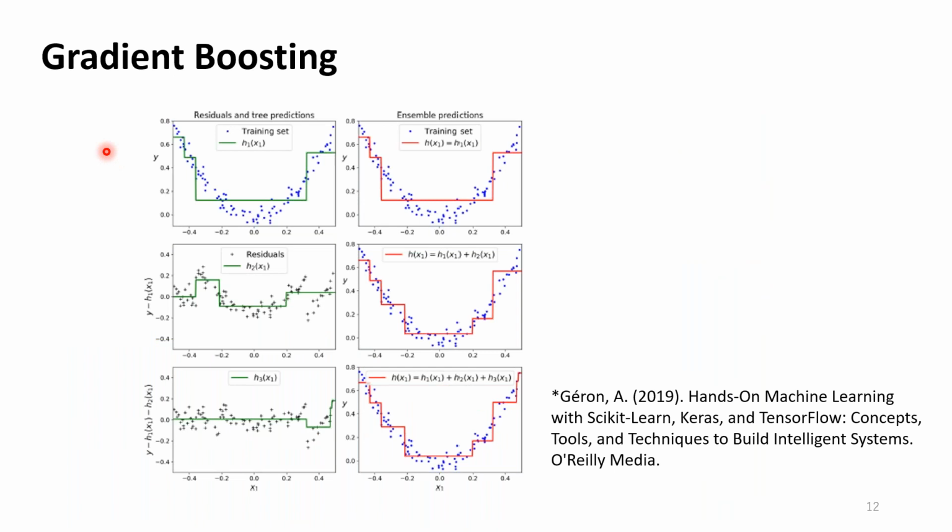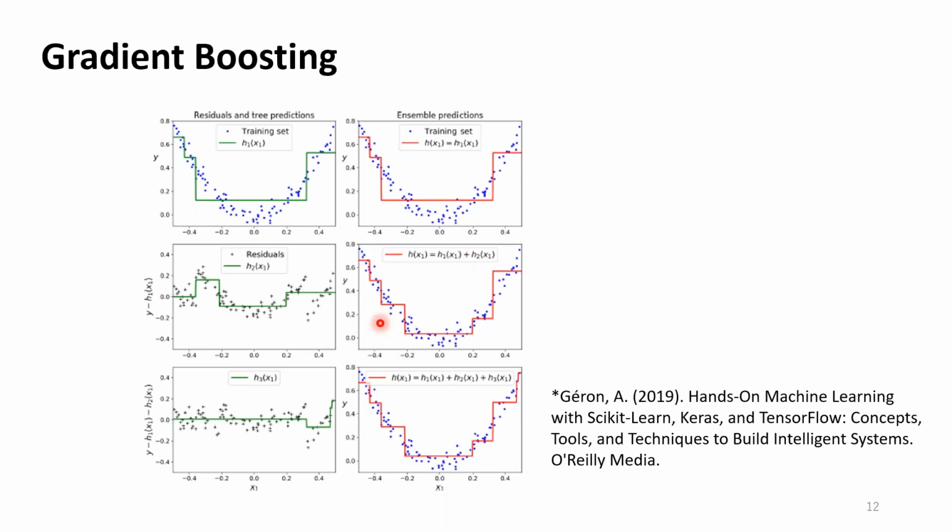Let's see the process of gradient boosting. The left column represents the residuals of tree predictions, and the right column shows the ensemble's predictions. In the first row, the ensemble has only one tree, and thus its predictions are exactly the same as that of the first tree. In the second row, a new tree is trained on the residual errors of the first tree.